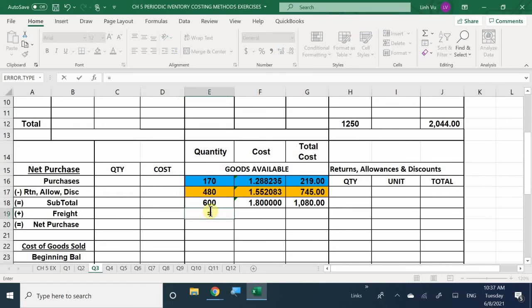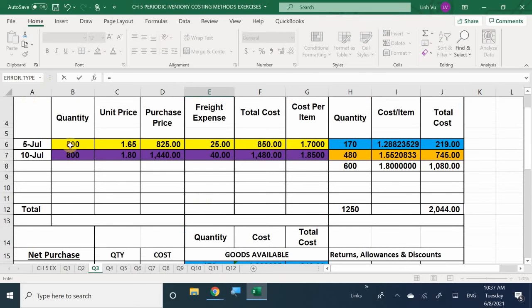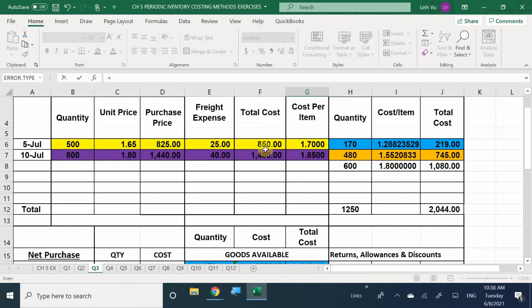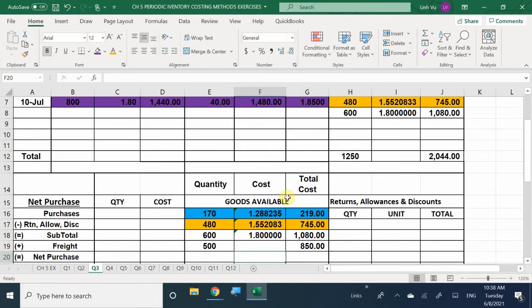So here I'm transferring down my yellow batch because I know for sure there are no returns or allowances here. Therefore, this batch is good. Now for the purple one, I'm not going to transfer it over just yet because we might have a potential for returns and allowances. So I'm just going to transfer one part at a time.